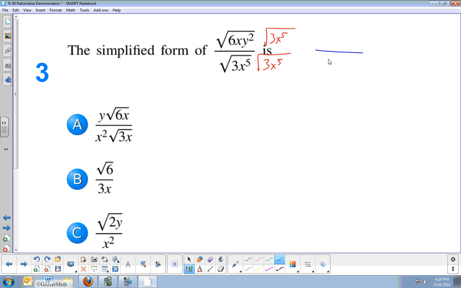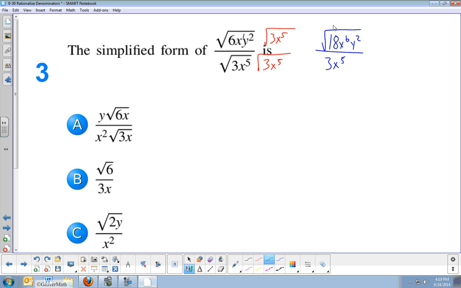The bottom will simplify to be 3x to the 5th. The top, now multiplying radicals we did yesterday, we can do that, so that would end up being rad 18, right? 6 times 3. x to the 1st times x to the 5th multiplies to x to the 6th, and y to the 2nd is still y to the 2nd. But now I need to simplify this whole thing up here.